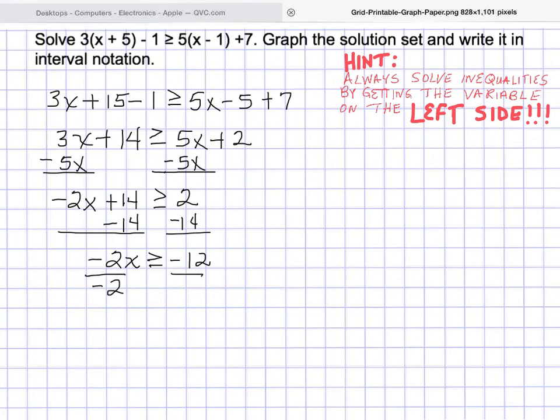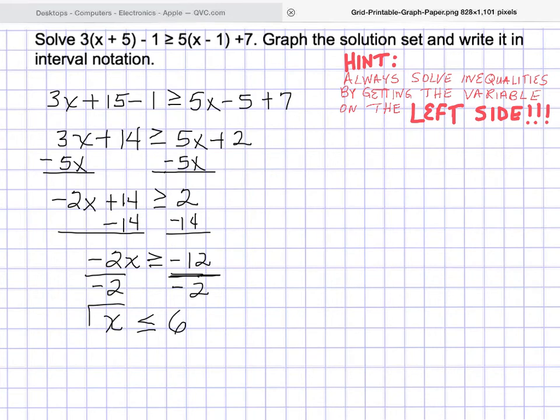Negative 2. And when we divide by a negative number, what do we do? Change the direction of the sign immediately before we do anything else, because we will forget. So that simplifies to x is less than or equal to positive 6.